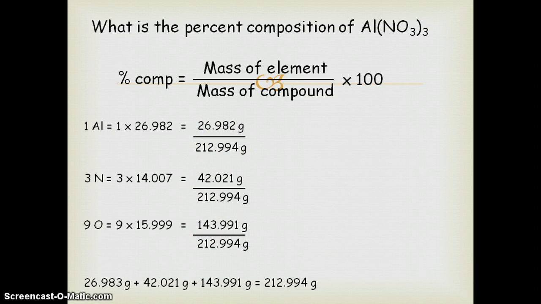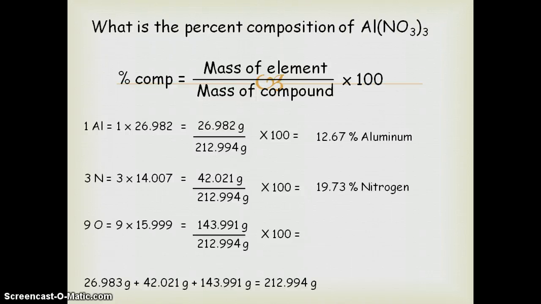And then, of course, we are calculating a percent, and so we need to multiply by 100 as well. So we have our mass of elements divided by the mass of the compound times 100, and we can calculate each of those and get that we have 12.67% aluminum and 19.73% nitrogen and a whopping 67.6% oxygen.